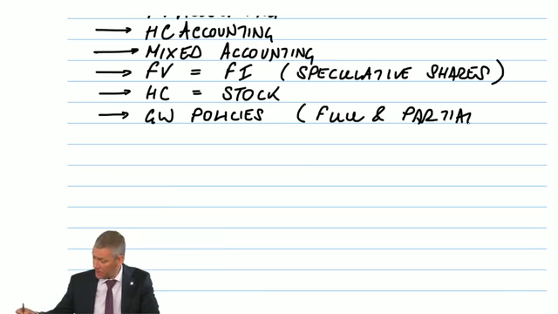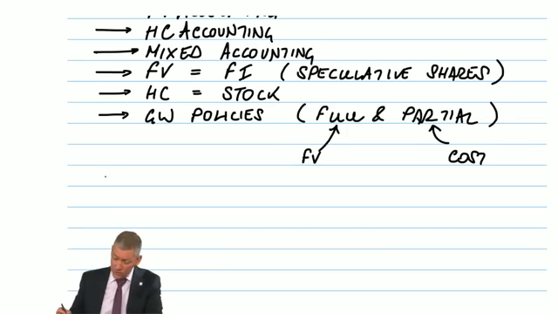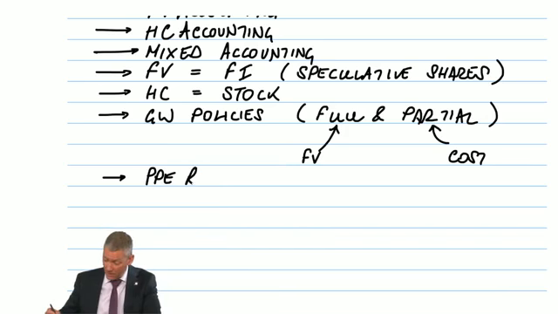And you can maybe expand that a little bit, because full is essentially fair value and partial is basically sort of an equivalent to cost almost. And then if you know anything about it, you can talk about PPE revaluation policies. Maybe you know a little bit about that from your F7 studies. Maybe you don't, but maybe you do.